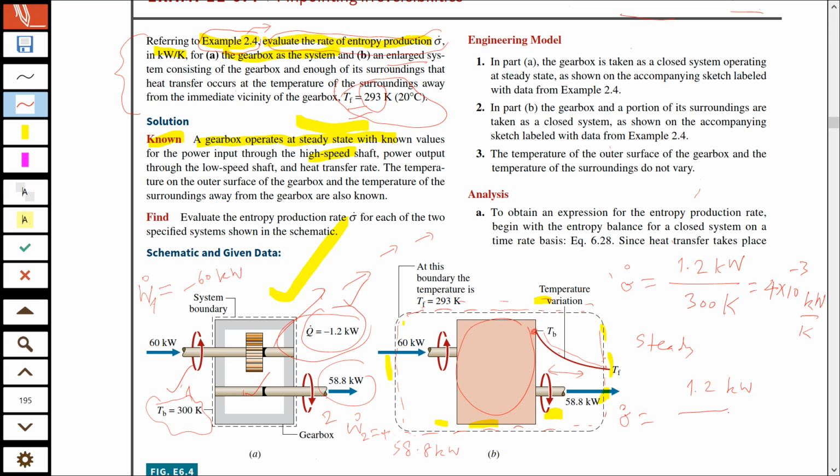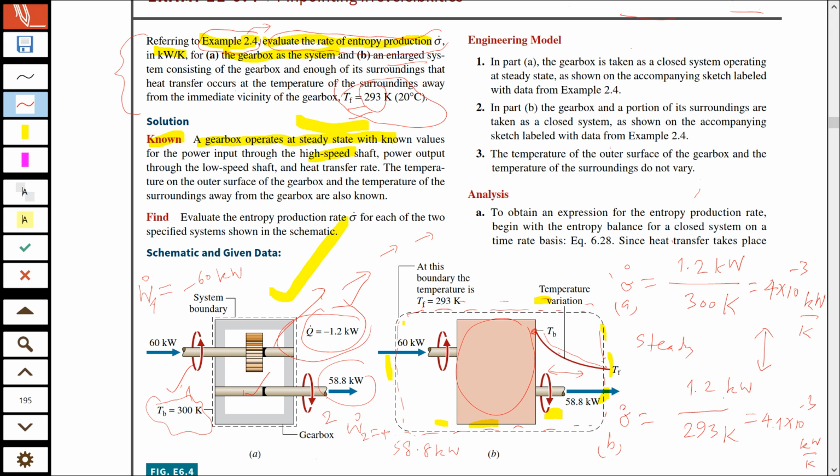But the denominator this time, instead of 300 Kelvin, is 293 Kelvin. If you evaluate this, you can check the answer yourself, it turns out to be 4.1 multiplied by 10 to the minus 3 kilowatts per Kelvin. So this is sigma dot for part A, and this is sigma dot for part B.